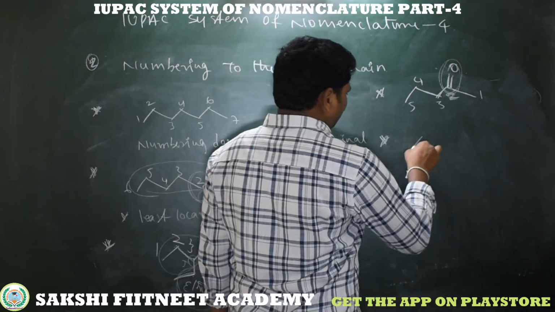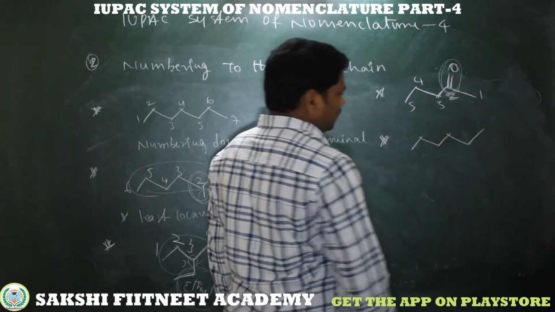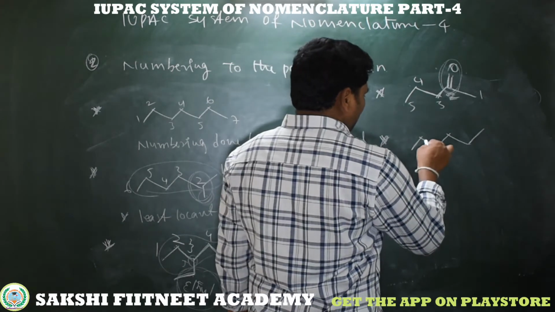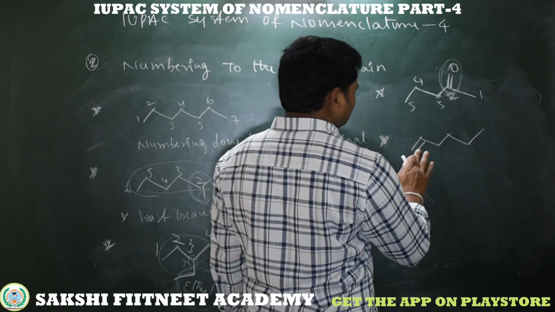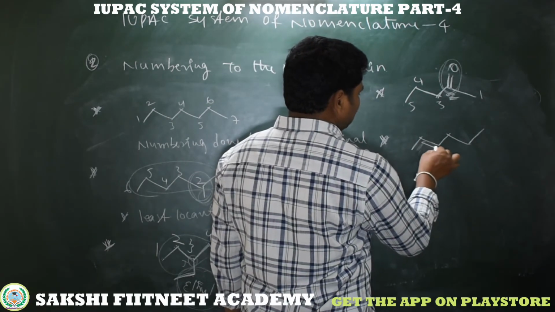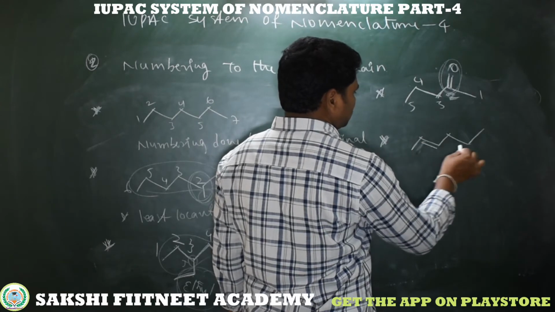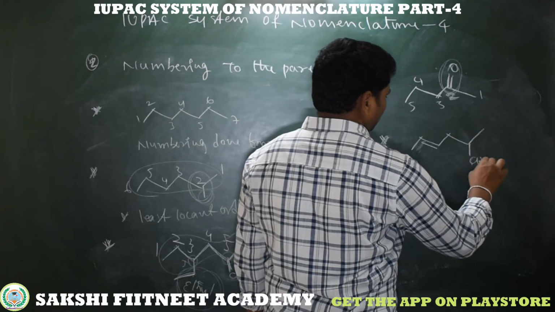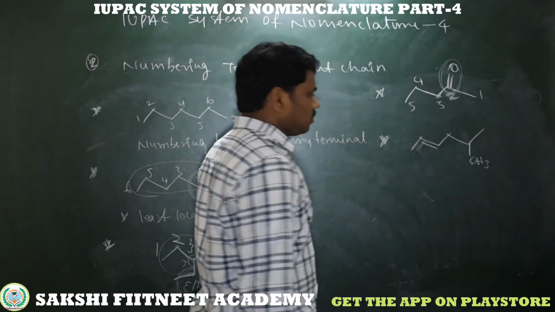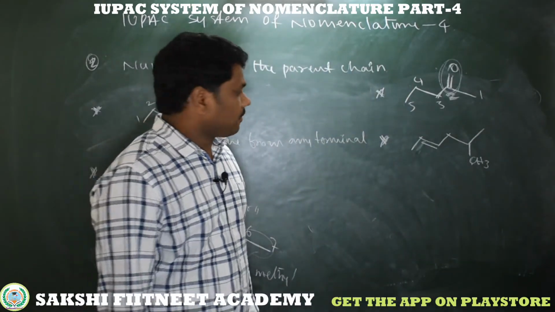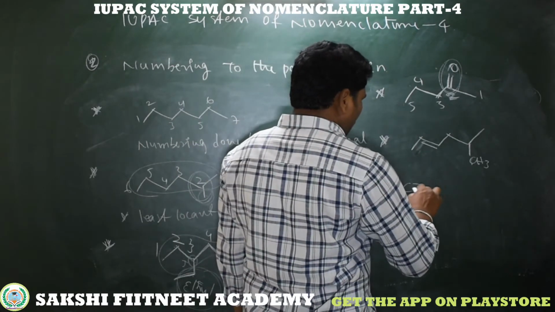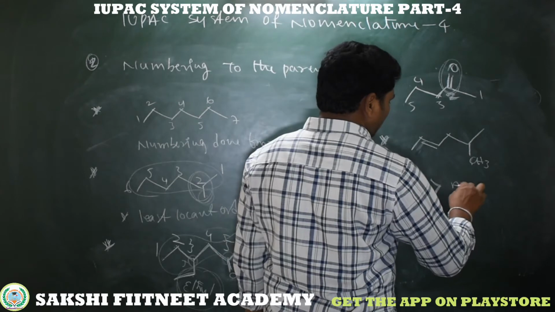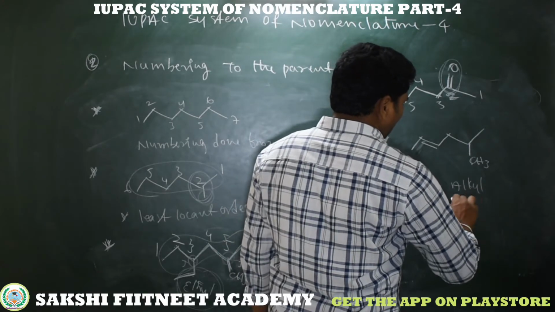Next, if unsaturation is present in the molecule, for example, this is the molecule. See here at the second position we have an unsaturation, and at the second position we have a methyl group, that is CH3. So what about numbering? Here the carbon to carbon double bond is higher priority compared to the alkyl group.